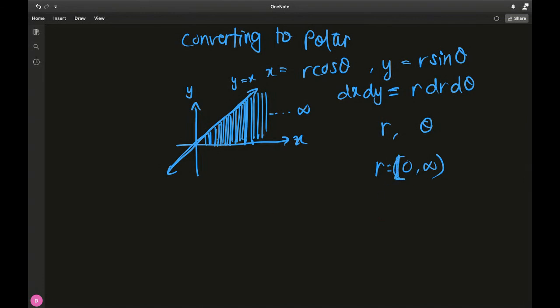And theta, well, look at what angle this y equals x is subtending. This angle, if you were to use the inverse tangent or just plain old common sense, is pi over 4. So we're going from an angle of 0 all the way to pi over 4 over here. So theta goes from 0 to pi over 4.